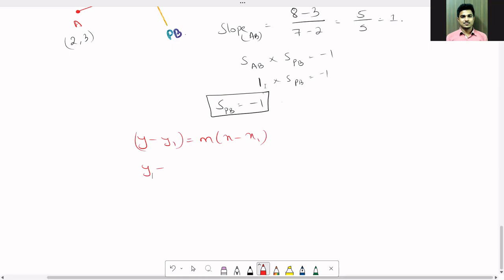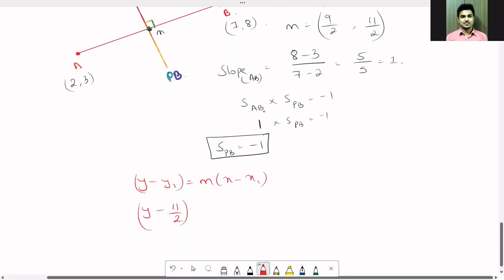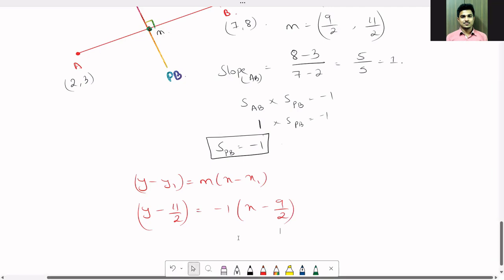So instead of y1, I will plug in the value of 11 by 2 here. Instead of m, I will plug in the value of minus 1. And instead of x1, I will plug in the value of 9 by 2. So that's the answer. That's how we find the slope of the perpendicular bisector, and that's how we find the equation of the perpendicular bisector. So I hope that is clear to you.